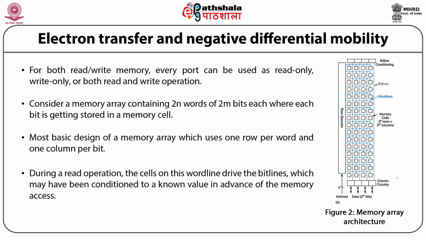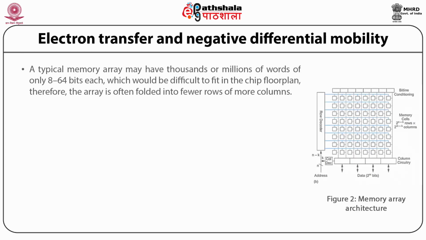In order to detect the data, column circuitry is utilized, employing amplifiers or buffers. A typical memory array may have thousands or millions of words of only 8 to 64 bits each, which would be difficult to fit in the chip floor plan. Therefore, the array is often folded into fewer rows of more columns.